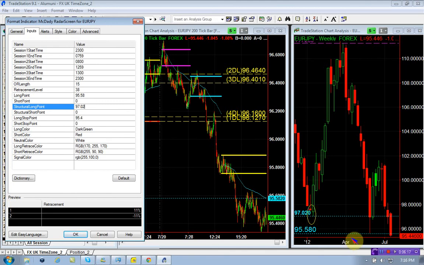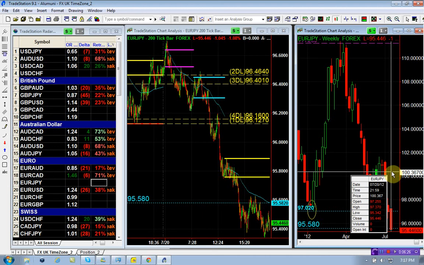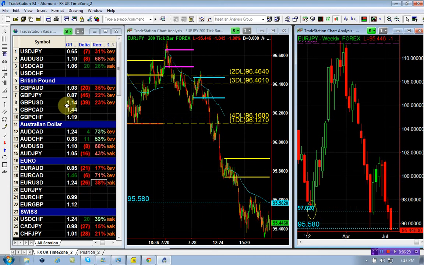On the short side, we're going to go short below the low of the day, and the low of the day is 95.34.